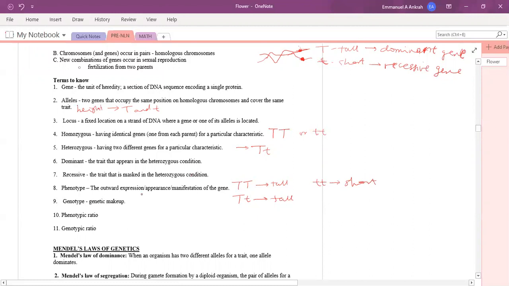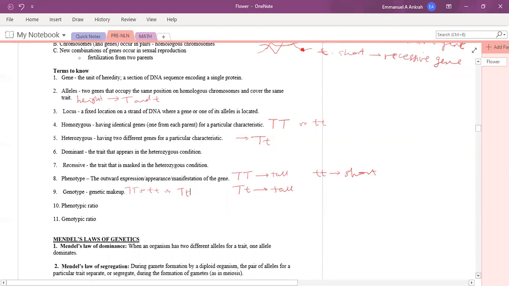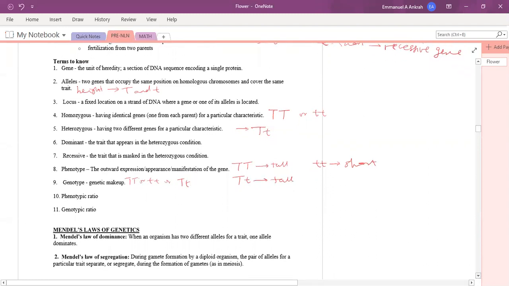Then the genotype is the genetic makeup, what the person is made up of, homozygous or heterozygous. We will also talk about phenotypic ratio and genotypic ratio very soon: the ratio of what you see on the outside, or the ratio of what the genes are made up of. These are terms that you should know to answer questions on the test.